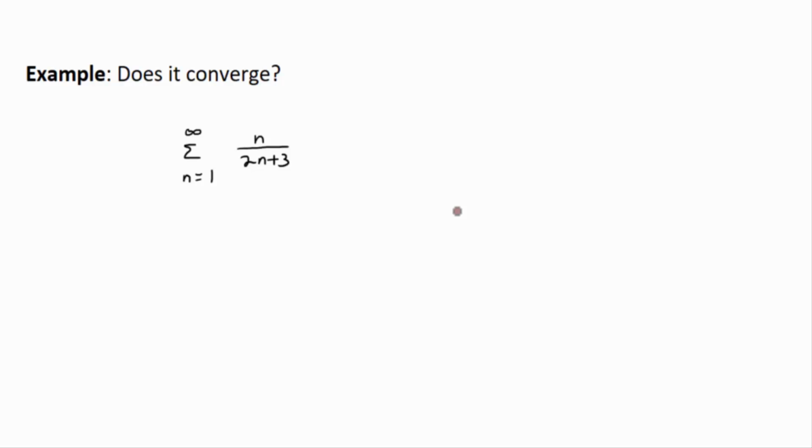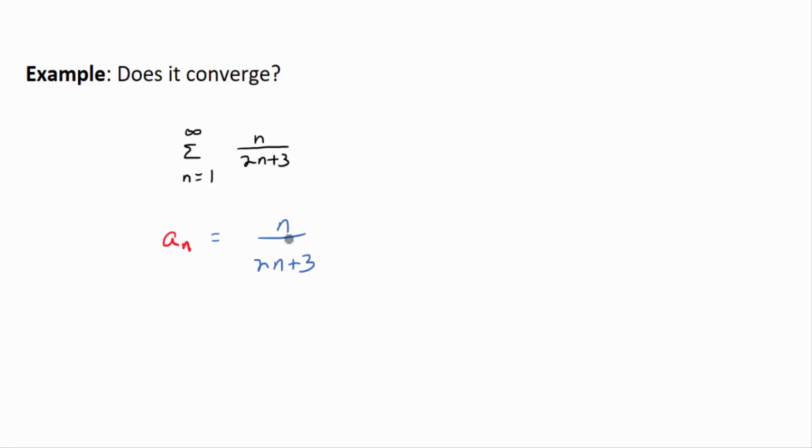We need to test it for convergence. What's the only test we really have if it's not telescoping? We have the test for divergence. So you're going to look at a n. What's a n in this case? n over 2n plus 3.